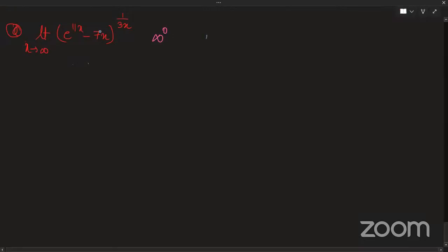What do we do? Let us just assume f of x raised to g of x. Think, you should be remembering this ideally. How do we solve infinity raised to 0? It becomes e raised to g of x into ln of f of x.